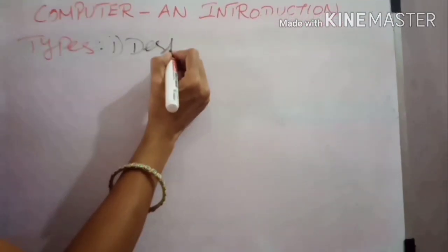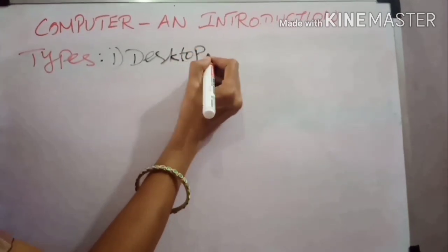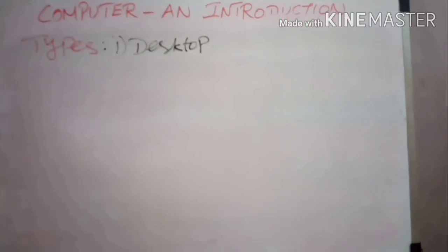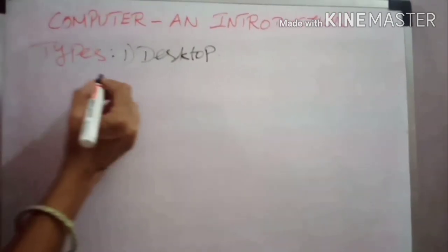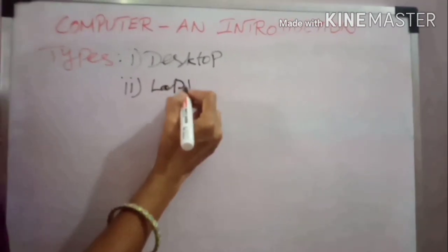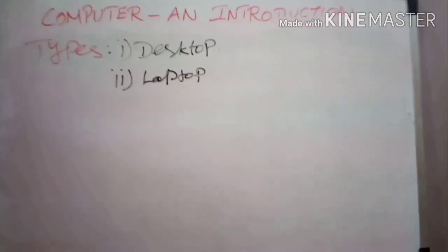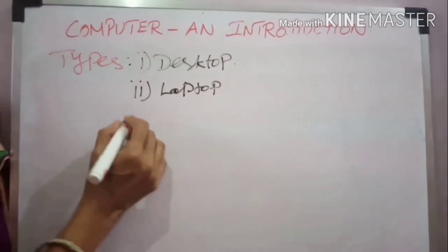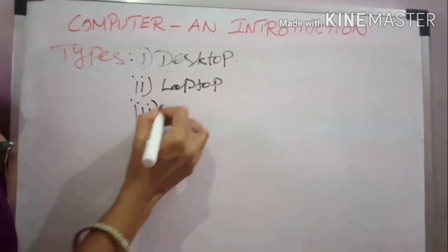Types of computer. Desktop computer, and this desktop computer has a monitor, keyboard and mouse. Second one, laptop. They are battery powered and more portable than a desktop computer. Third one, tablet.